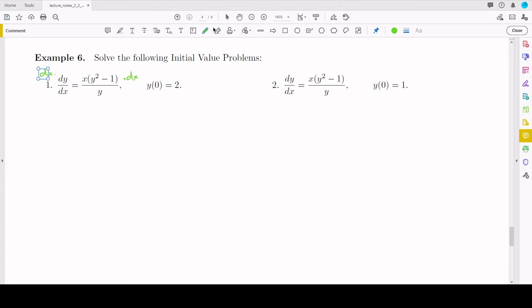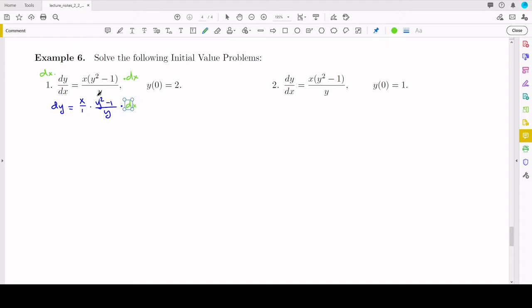What we're left with is dy on the left, and on the right it's x times (y squared minus 1) over y, and then we have our dx there.